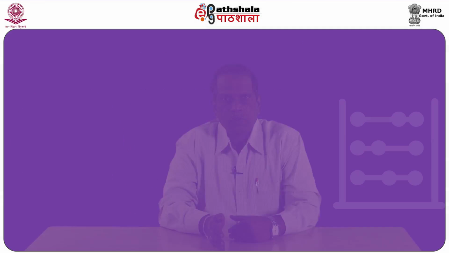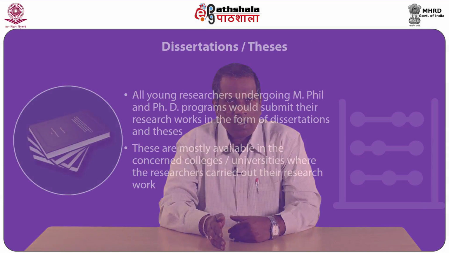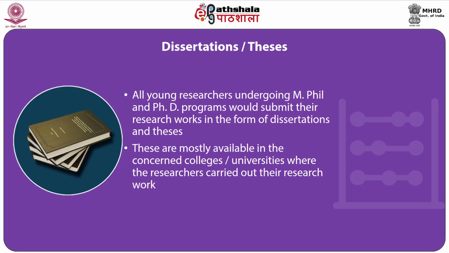The fourth major source of review of literature is dissertations and theses. All young researchers undergoing MPhil and PhD programs would submit their research work in the form of dissertations and theses, and these are mostly available in the concerned colleges and universities where the researchers carry out their research work.